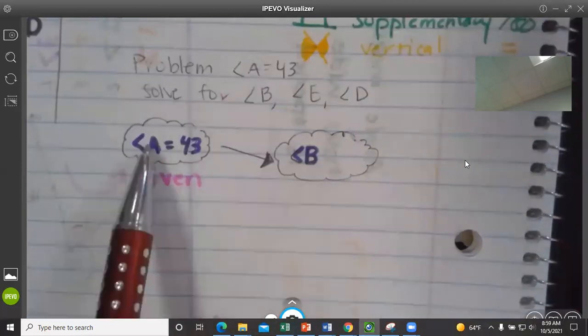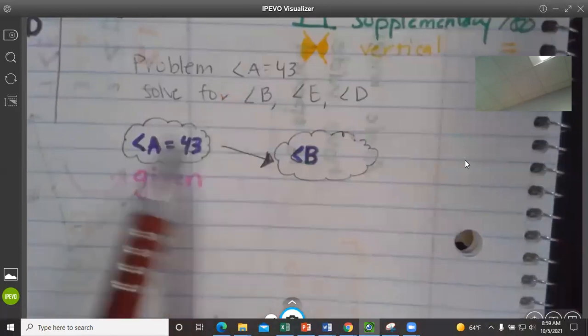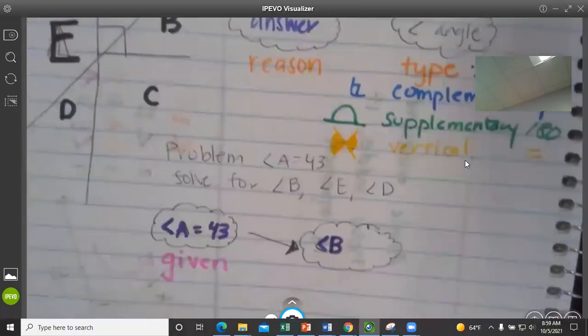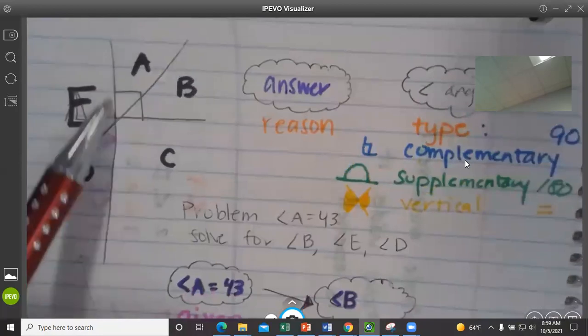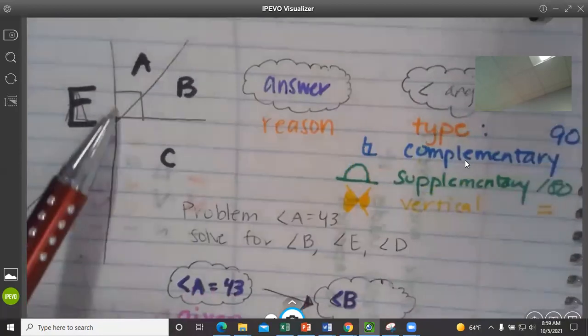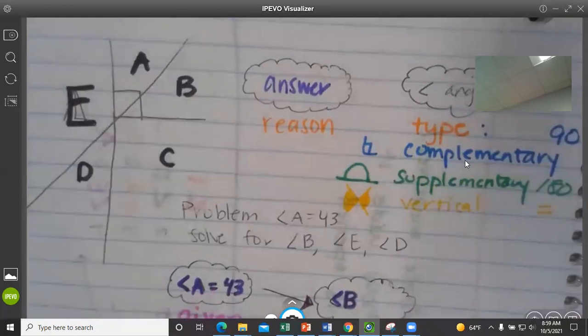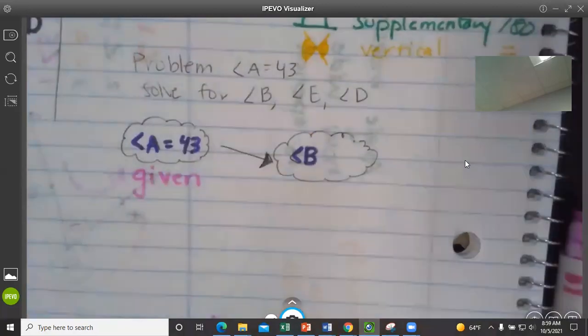So the arrows are going to be really important in your project. You're going to have a lot of them. And I have to know what kind these are. Quentin or Uriah, what kind are A and B? Yeah, they're complementary. So underneath it, you would write the reason, which is complementary.